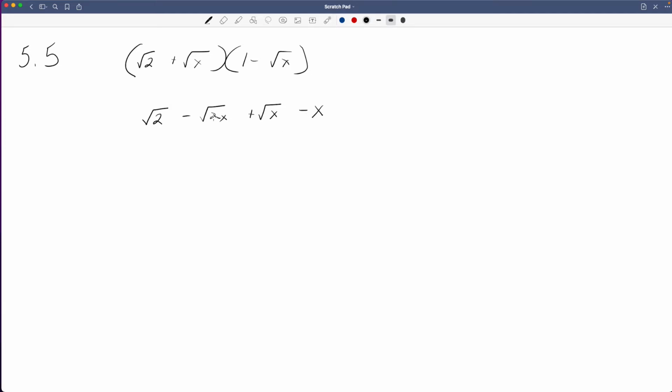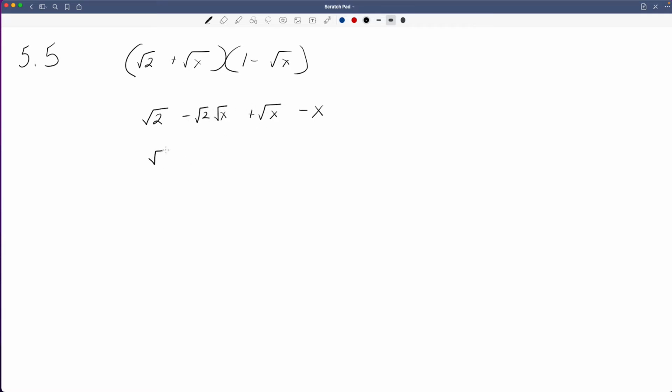So now we can look at what we can simplify here. And the only thing I see here is we can factor this. So this becomes square root of 2 times the square root of x, which means that we can then factor not negative, but the square root of x out.